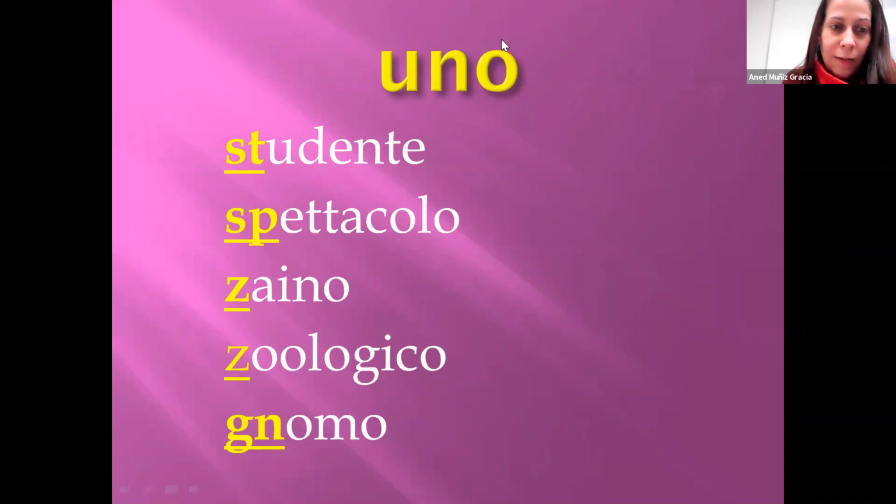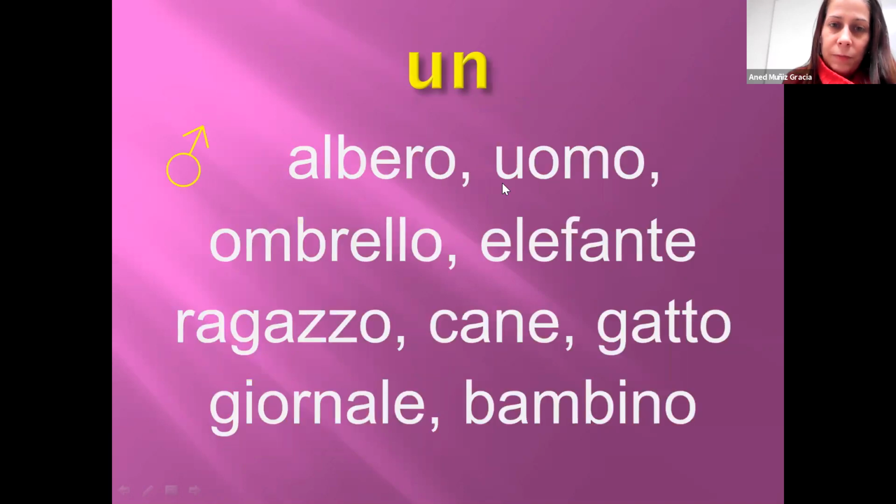So if it's one of these, S and a second consonant, Z or ñ, you put uno instead, right? Just like lo, you're sticking a vowel between all those consonant sounds. So lo or uno, so a student, uno studente.